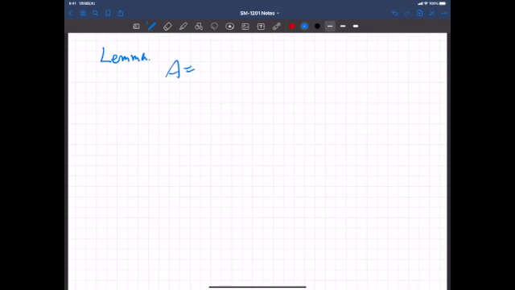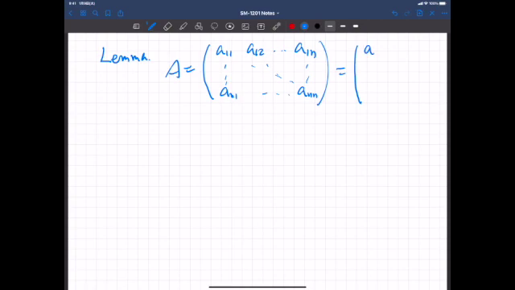Suppose A is an n by n matrix, with entries A11, A12, A1n, down to AN1, ANN. We represent this as a column vector of row vectors, that is A1, A2, up to AN.